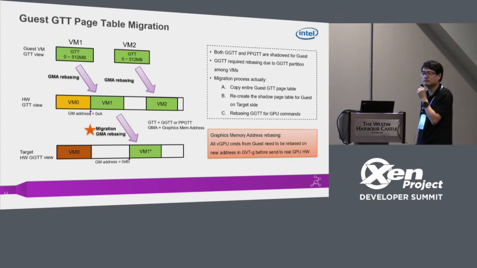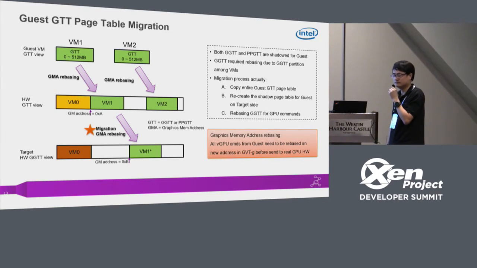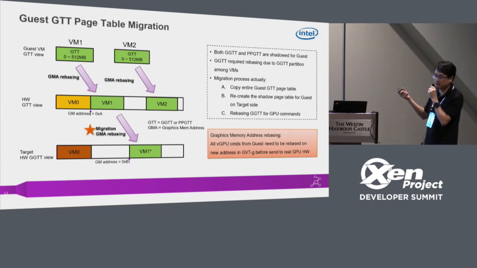So each guest is now seeing a BAR that starts from 0 and goes to 512. Yes. So are you introspecting on every GPU command now to rebase any GPU addresses embedded in that command? Yes, we call this rebasing.